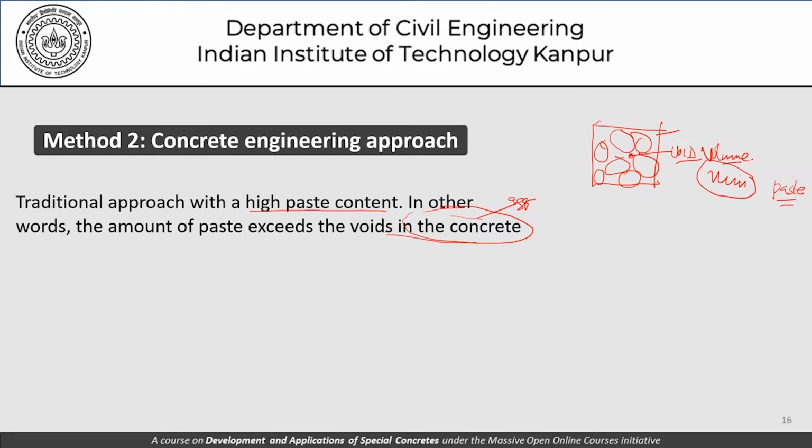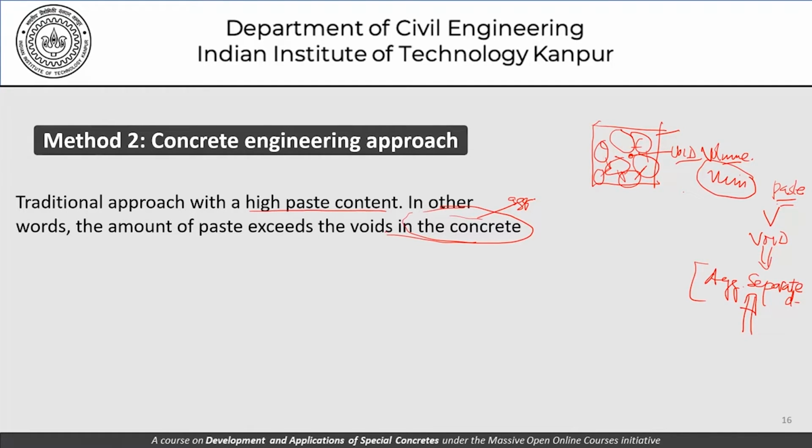Only if the paste volume is higher than the void volume will the aggregates be separated from each other and not be in contact. That is a central point as far as my understanding and imagination, or the kind of picture that I have in mind for concrete.